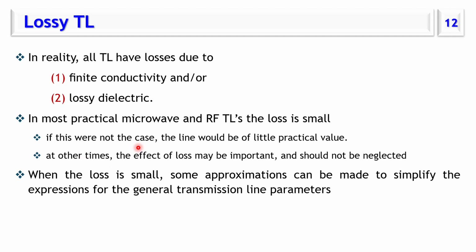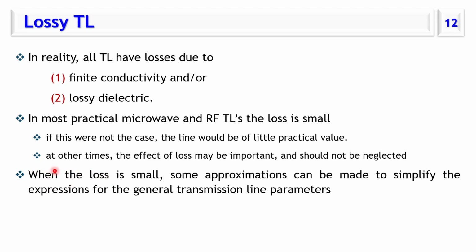Even though we know that the losses in the transmission line are small, in many situations they are important and shouldn't be neglected. That's why we are studying how to model or express the losses of the transmission line, even though we know ahead it is very small.